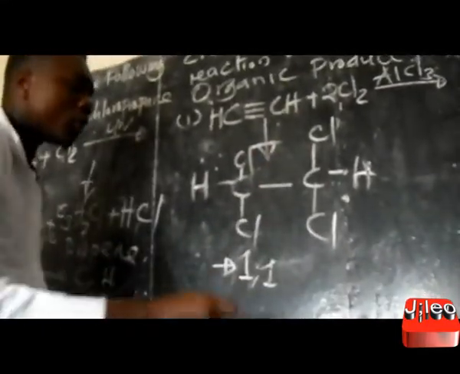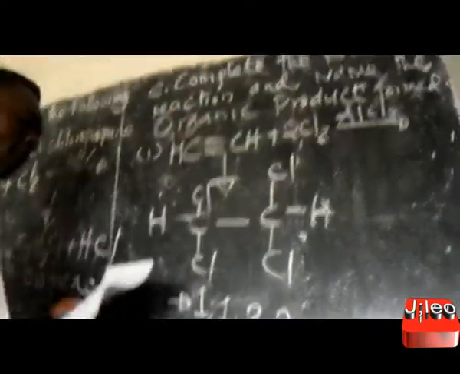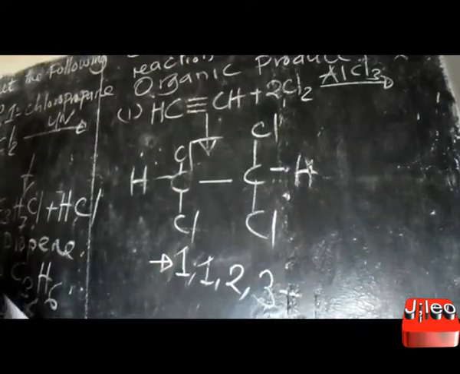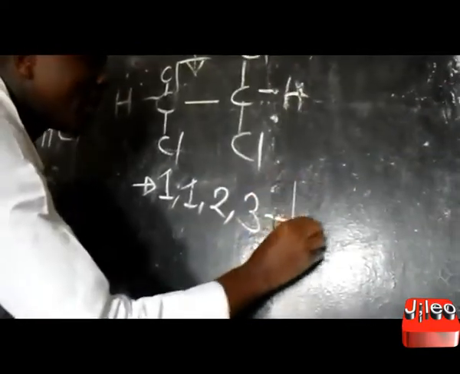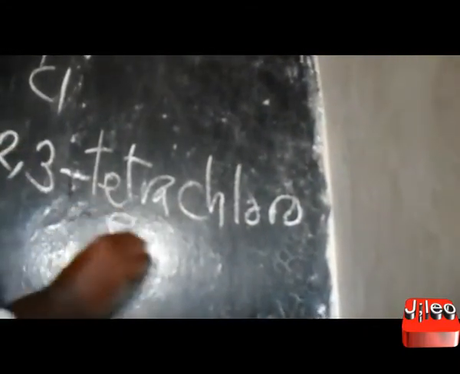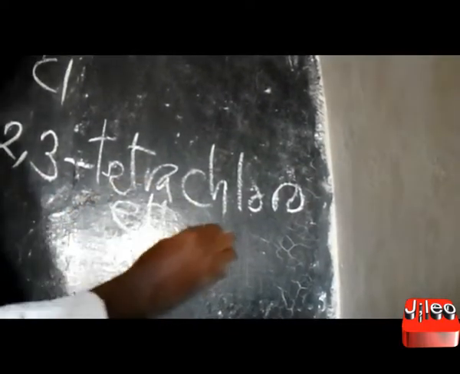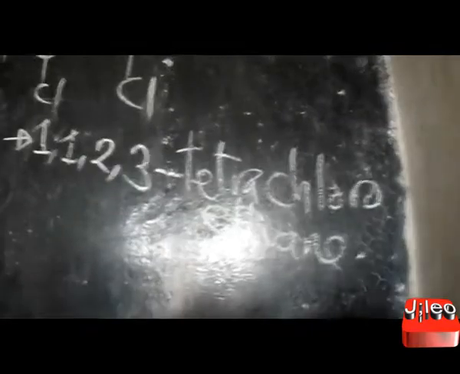Then coming to the second carbon, we have 2 chlorine, so 2,2. How many chlorine here? We have 1, 2, 3, 4. So we have 4 chlorine, so we can say tetrachloroethane.